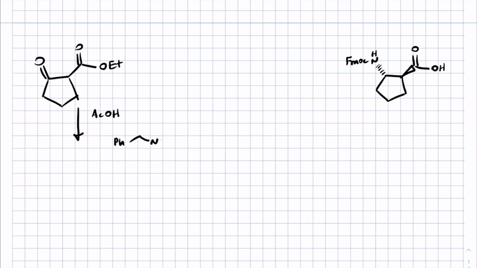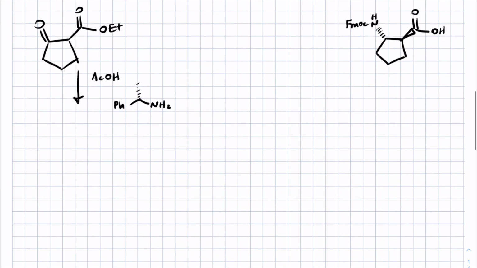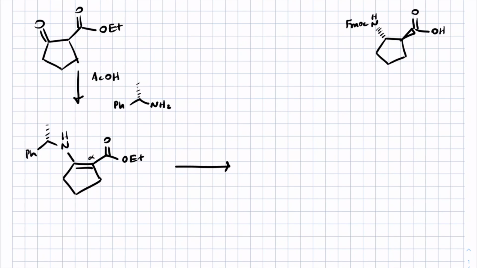This is seared into my consciousness because I can still remember how, and I don't remember what enantiomer it was, but you would first make the imine, which would spontaneously convert into the enamine because of the acidity of the alpha proton. And this is the chiral enamine.